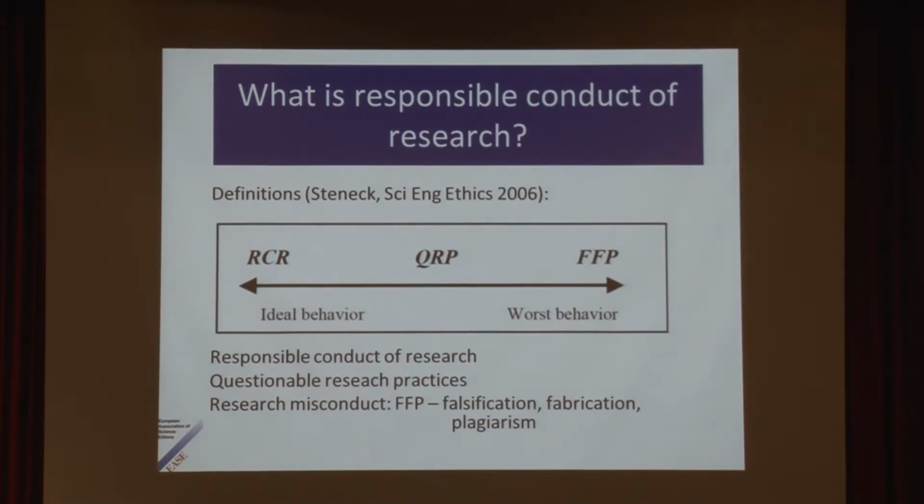And in between, you see here, this is what's called QRP. These are all the kinds of bad practices in research that we see that may not have such drastic consequences as publishing lies or publishing other people's work, which is the P in FFP, which stands for plagiarizing, or stealing someone else's work.